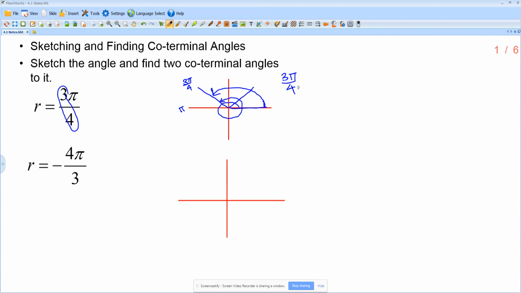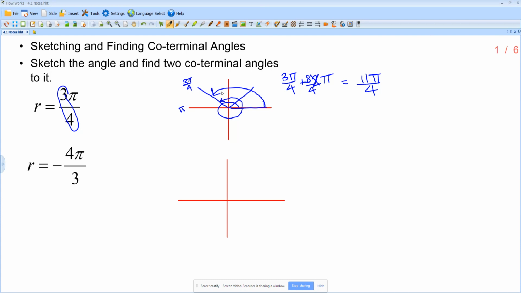So that's going to be 3 pi fourths plus that full circle that I went, which is 2 pi. If I add 3 pi fourths plus 2 pi, keep in mind that if I rewrite 2 pi, that's really 8 fourths. So I get 11 pi fourths. This is a different angle that ends at the same spot.